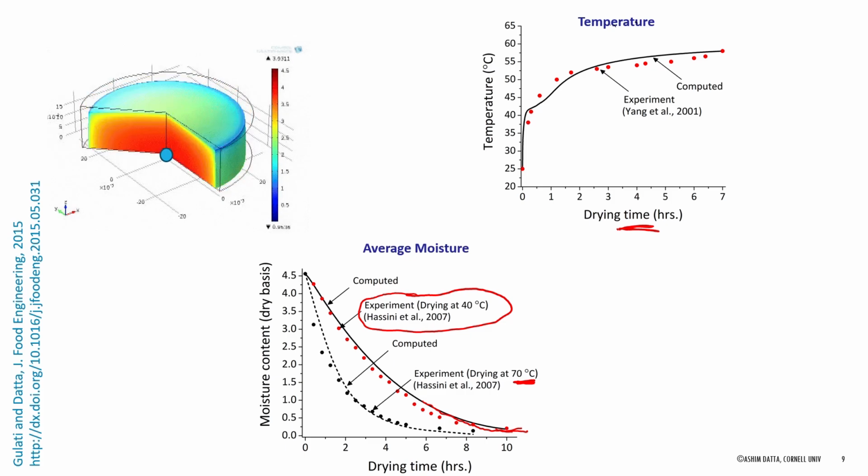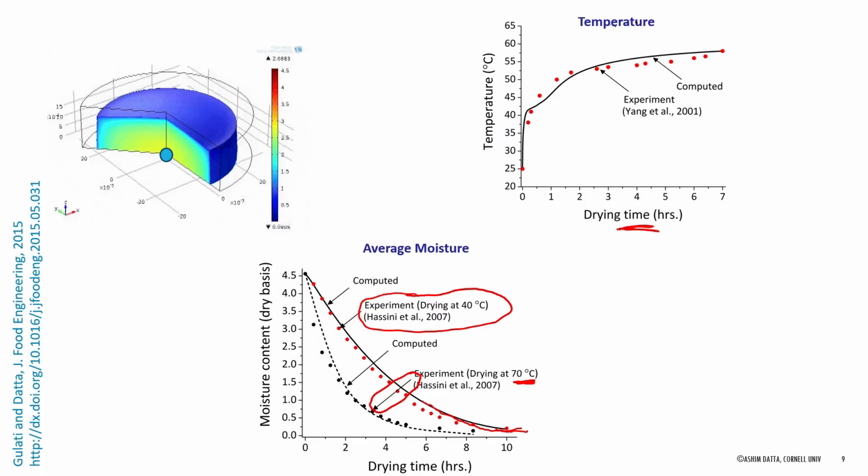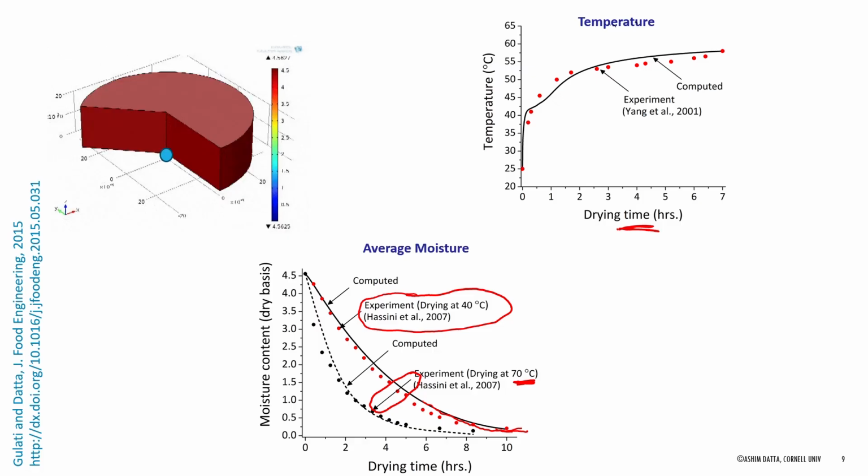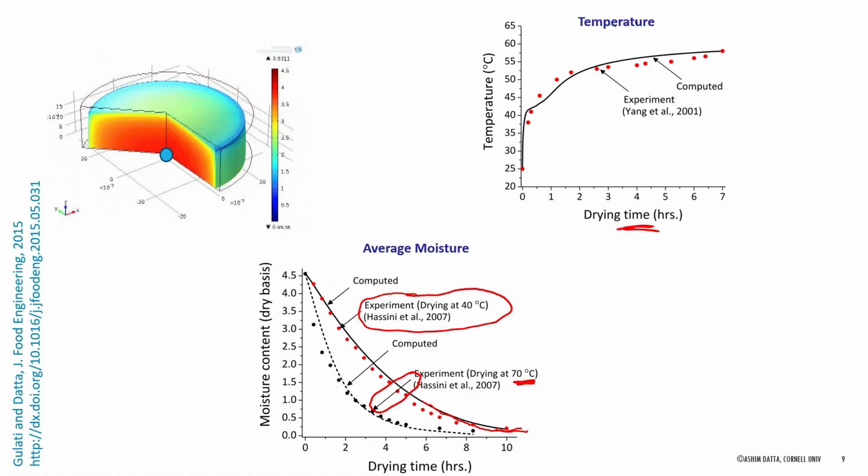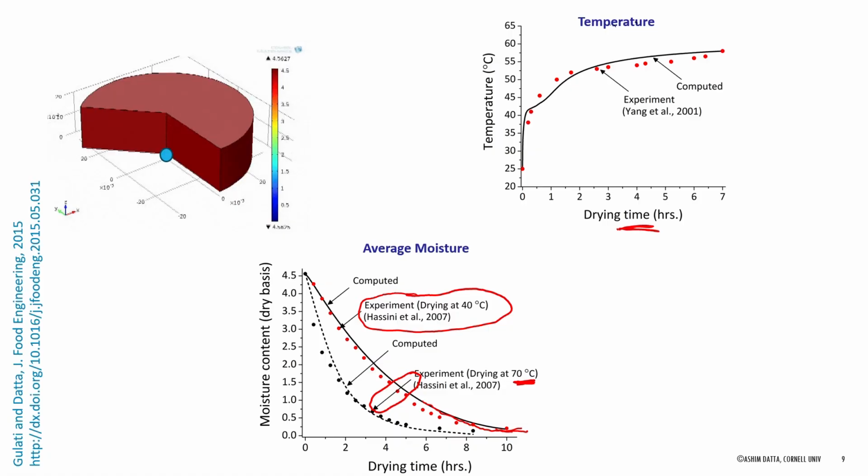So because of that, altogether the evaporation, the loss of moisture is much faster. So the drying is faster at the higher temperature. Although not shown here, instead of increasing drying temperature, if we increase air speed at the surface, it will have a similar effect of faster drying due to reduced heat and moisture transfer resistance.